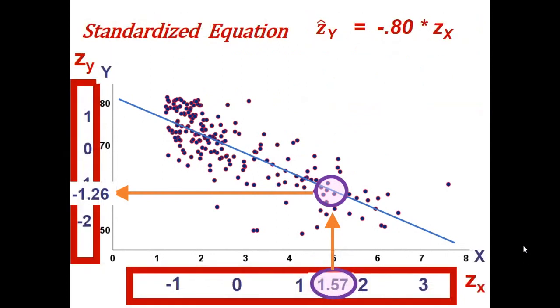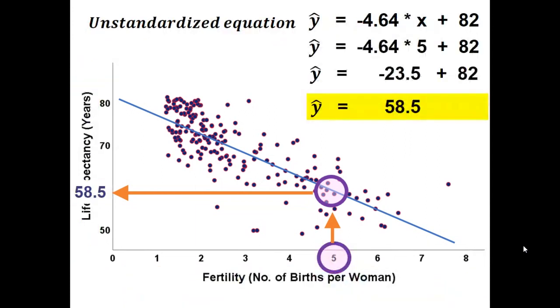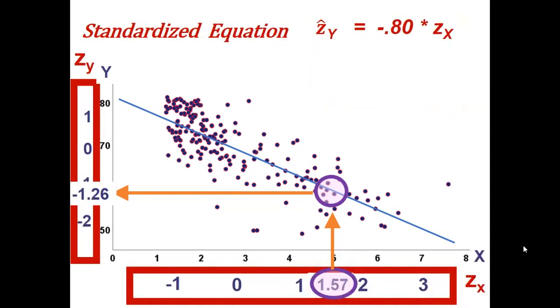What I want you to see is that the prediction point and the predicted value don't change a bit when we switch between x equals 5 and the z of x equals 1.57. I'll do it one more time slowly. Here's the prediction when x equals 5. And here's the prediction when the z of x is 1.57. The prediction point and the arrows don't change at all.